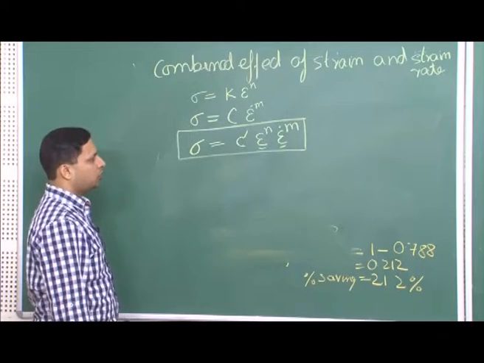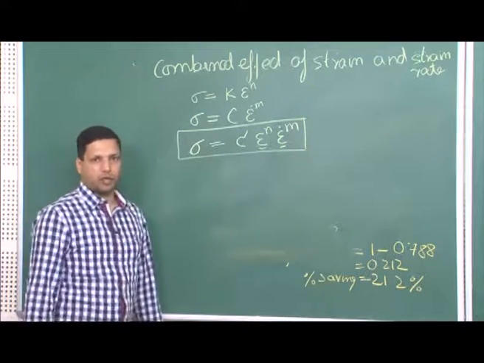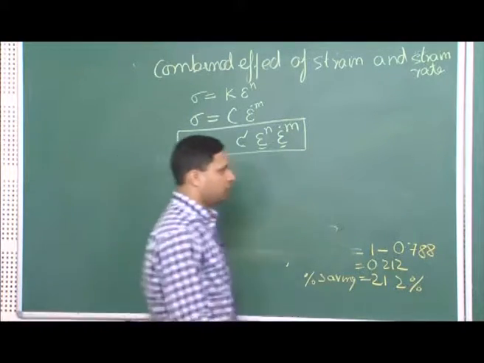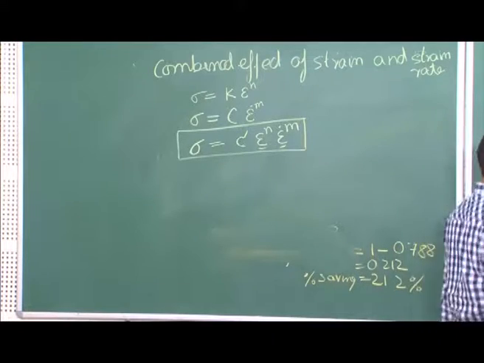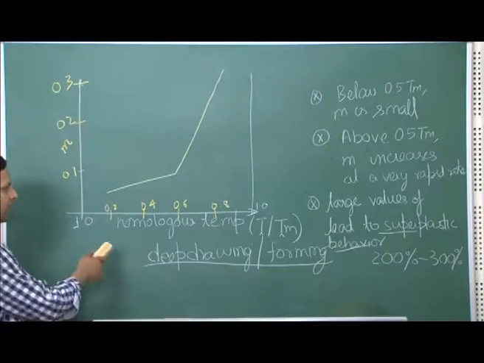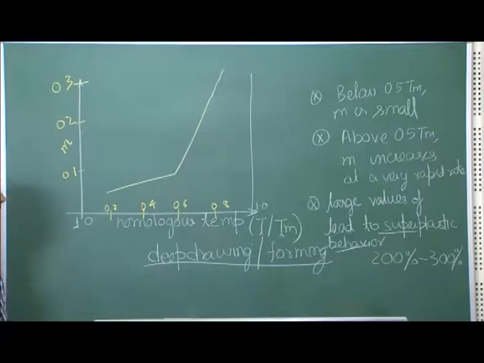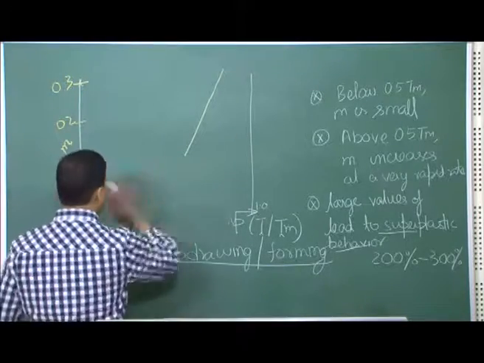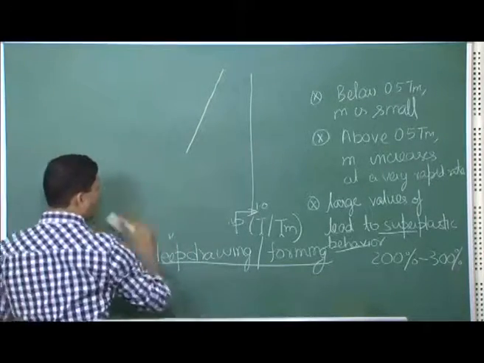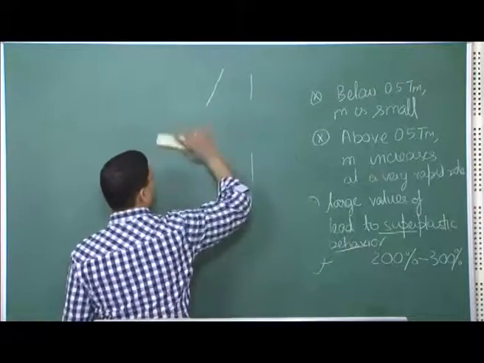We will now move on to the effect of temperature. Again let us look at, we have already seen one effect of temperature over here, and that is on the value of m. But that is not all. Temperature has an independent effect on the material.